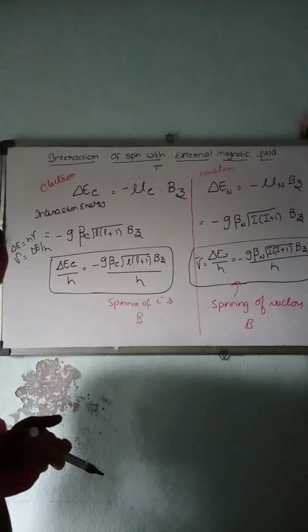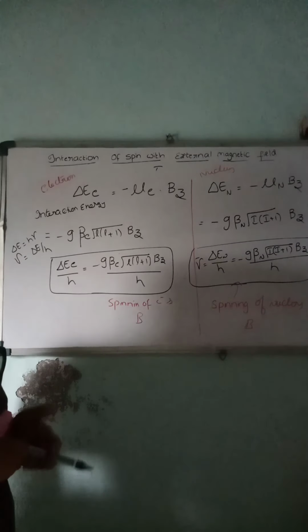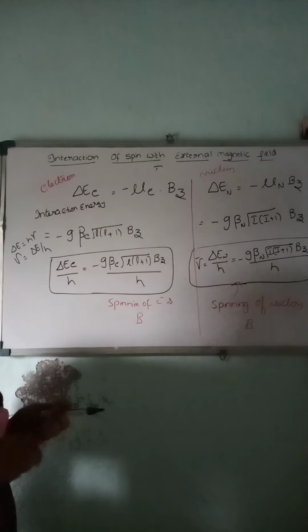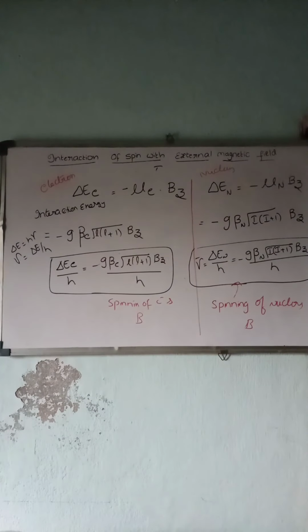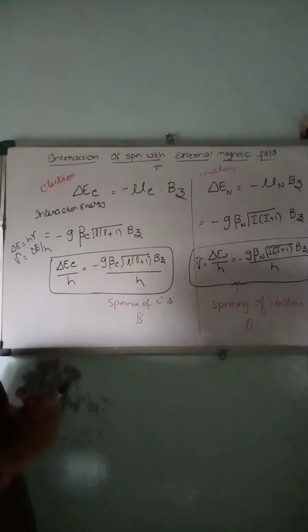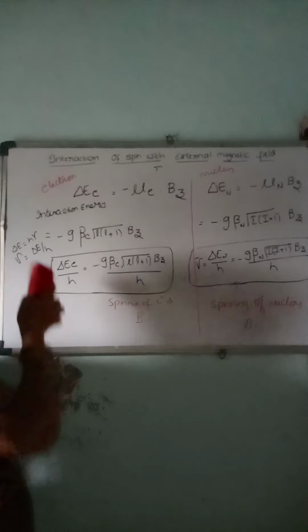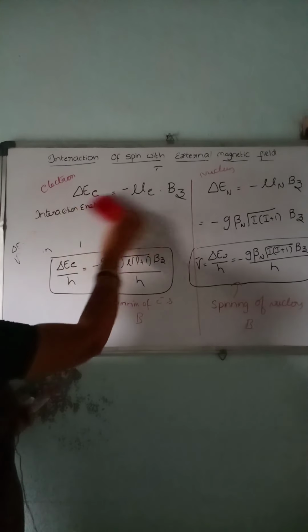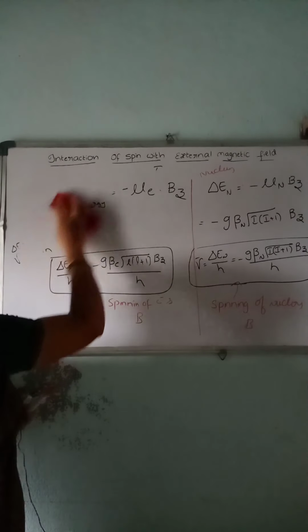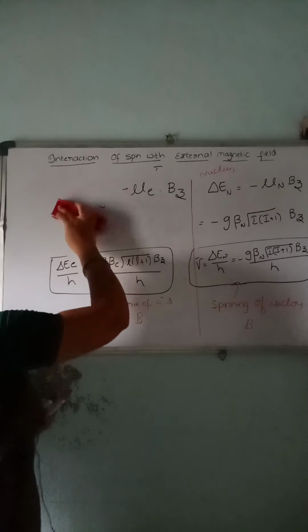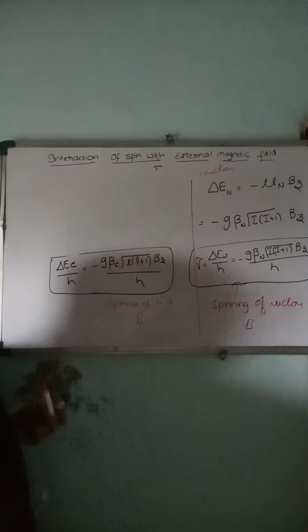These two equations can be solved so that we can calculate the frequency of the emitted radiation. So what is delta E by h? Minus g beta e root of L into L plus 1 Bz by h.